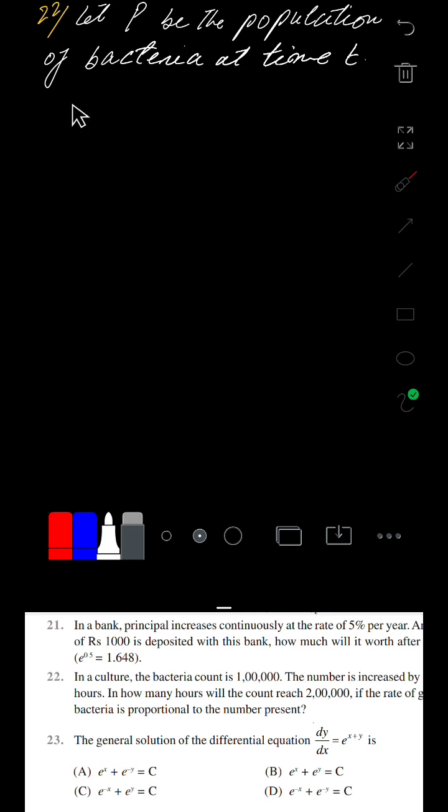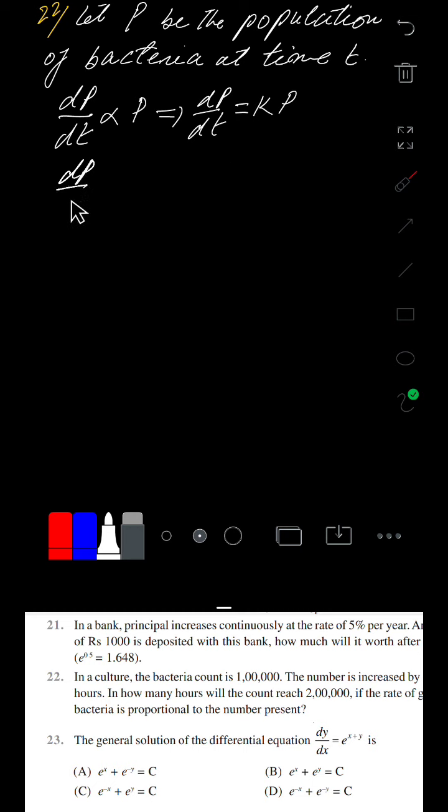So rate of growth of bacteria, that is dP upon dt, is proportional to the number present, that is P. It implies that dP upon dt is equal to kP, where k is the constant of proportionality. Now transpose P to the left hand side and dt to the right hand side, we get dP upon P is equal to k dt.